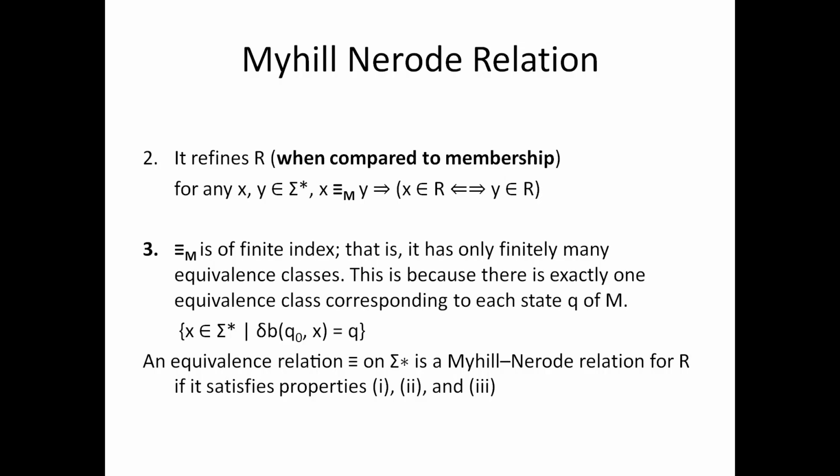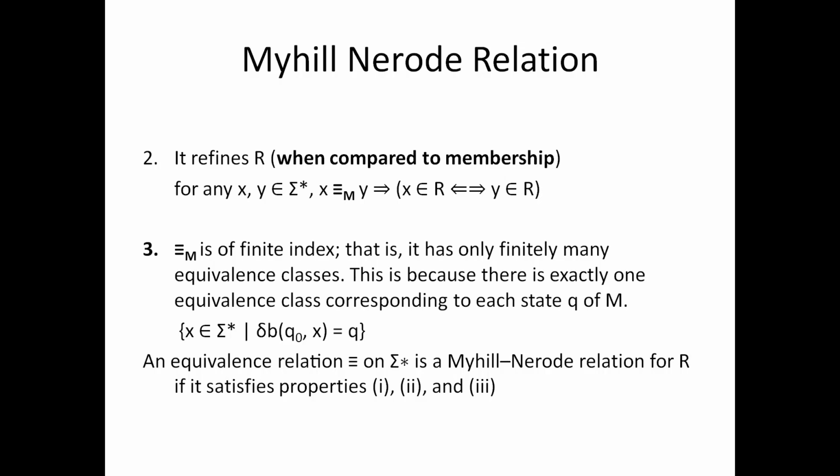If we take the union of all the final states, it will represent the set R, and if we take the union of all the non-final states, it will represent sigma star minus R. So R represents strings that are accepted by the finite state automata.